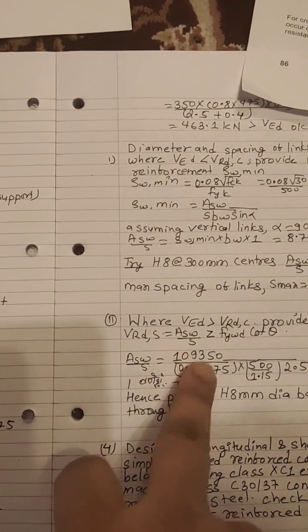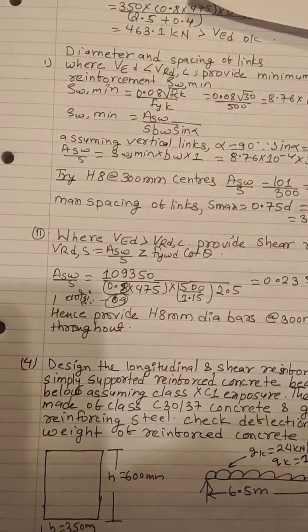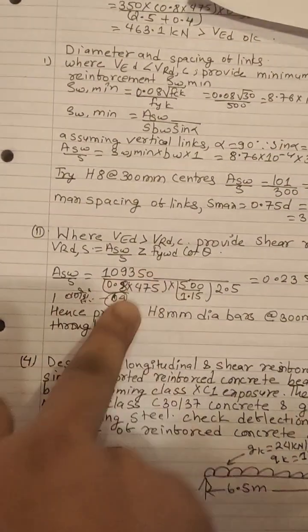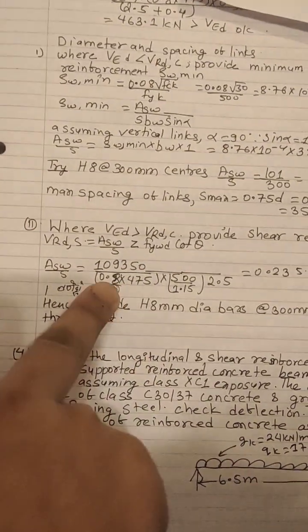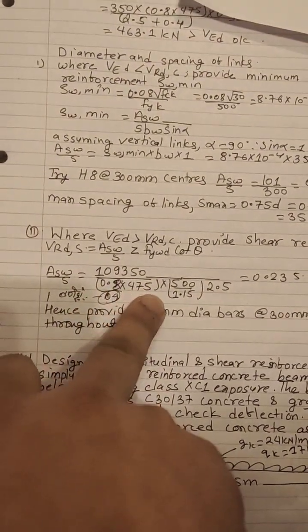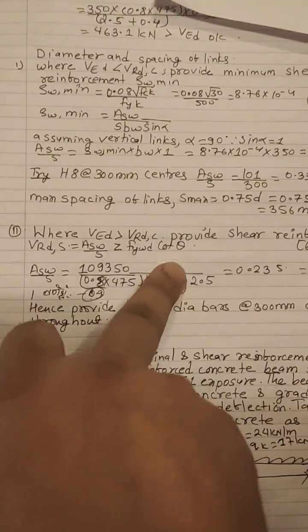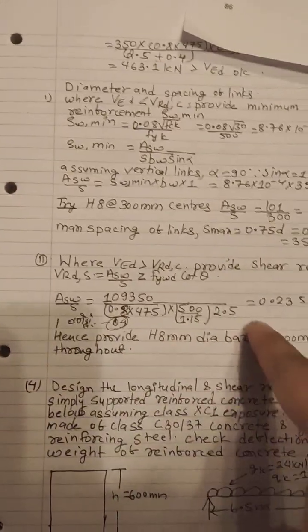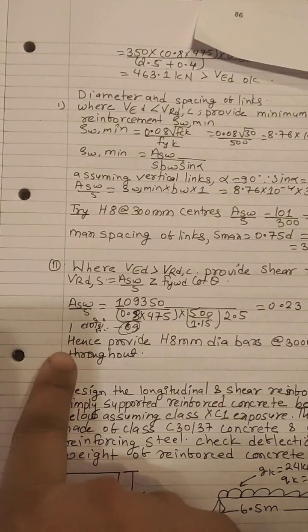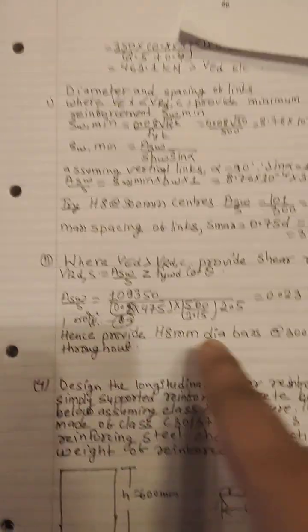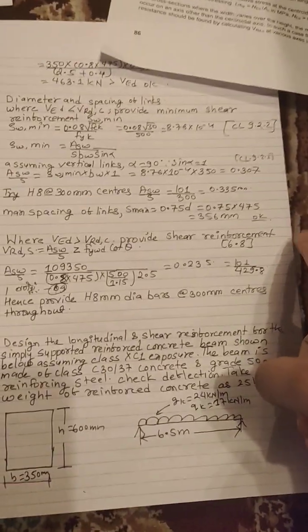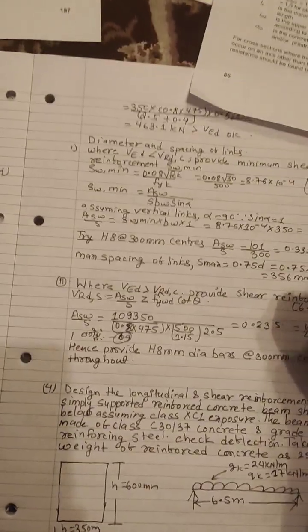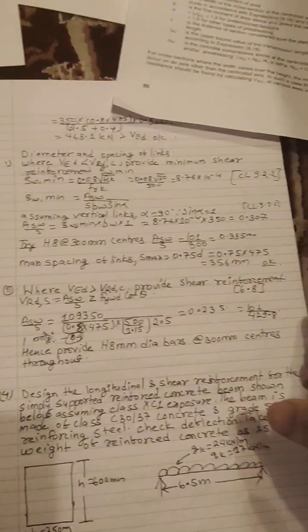It means it is Z, and we have the design of 500. FYD is equal to 500 by 1.15, and FYD is equal to 0.475, and cot theta is 2.5, and we get 0.25 AS by W, and hence we provide 8 mm diameter at the center to center spacing for shear reinforcement. Yeah, by this way we can calculate the shear reinforcement.